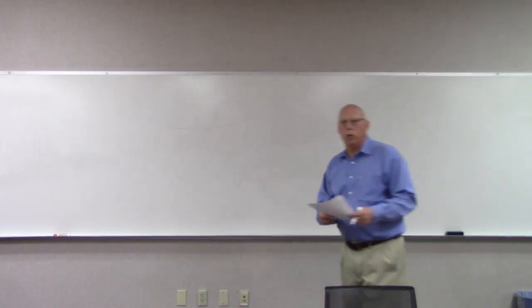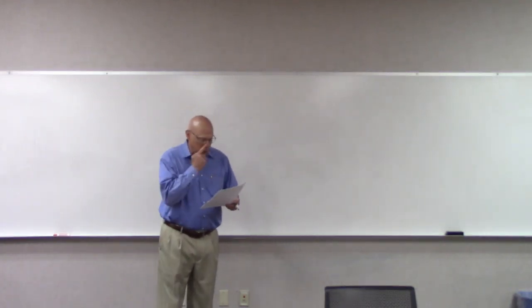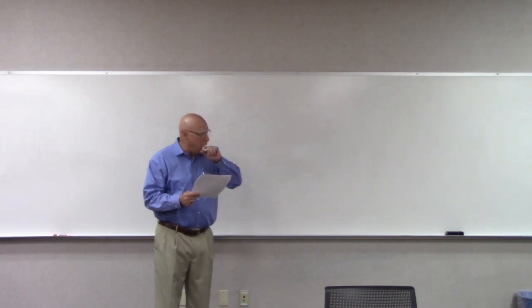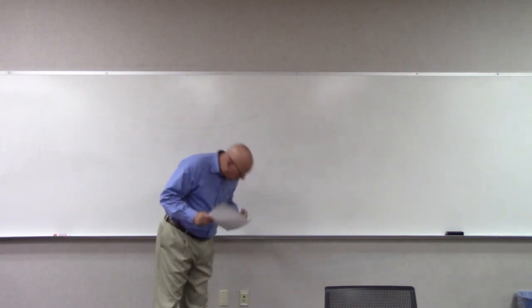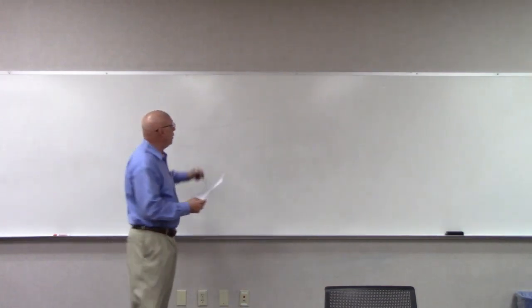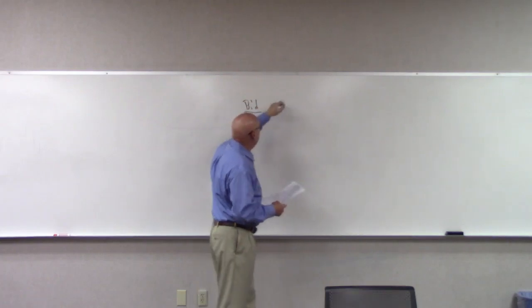All right, so we'll start with question number 4. If you want to buy the bond, what dollar price will you pay? There's your price. Okay, so we got the bid and the ask.